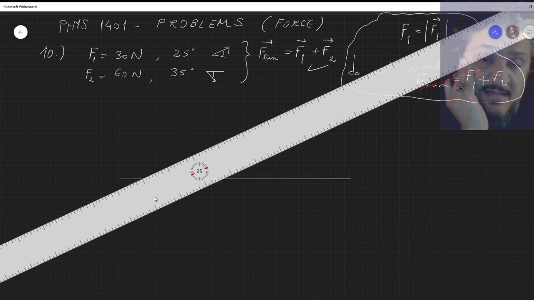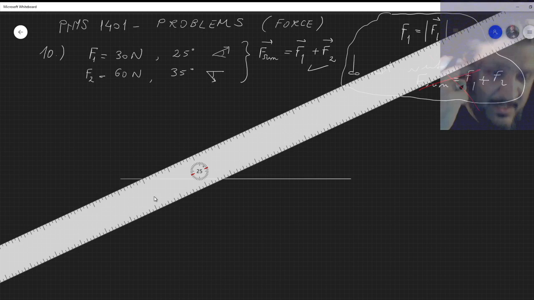Now I have to decide how long it should be. It says 30 newtons versus F2, which is 60 newtons. This ruler is in inches, I believe. If I pick 2 inches, that should correspond to 30 newtons. If I double it, it'll be 60. If you're wondering why I didn't use 3 inches, I could, it doesn't matter.